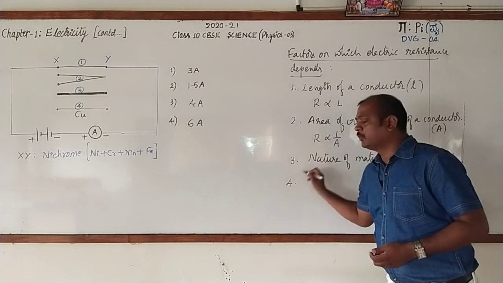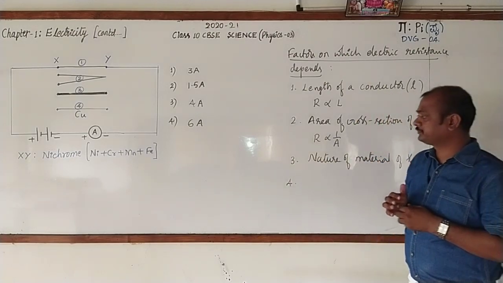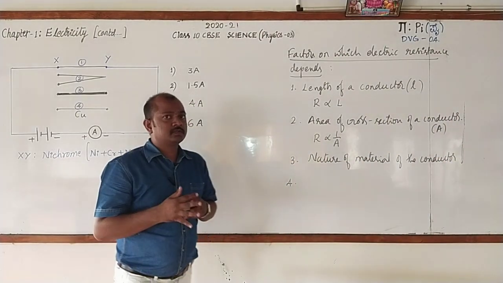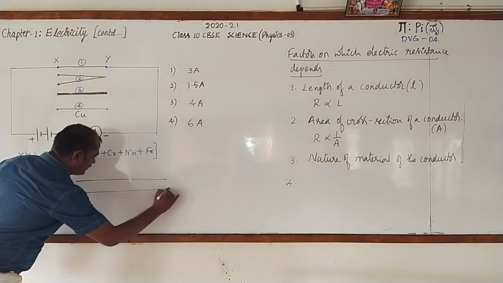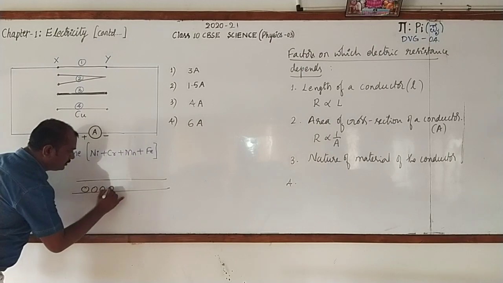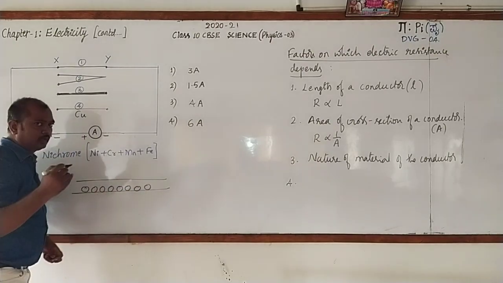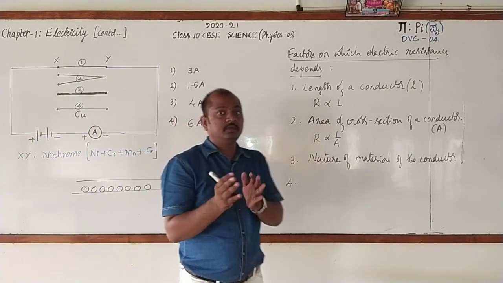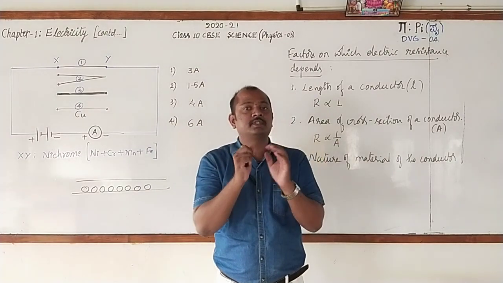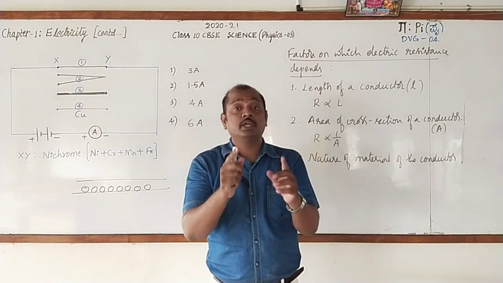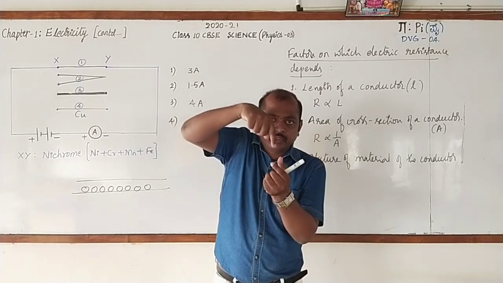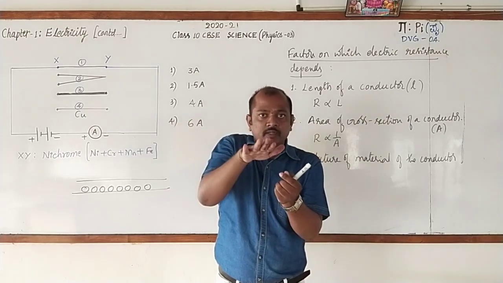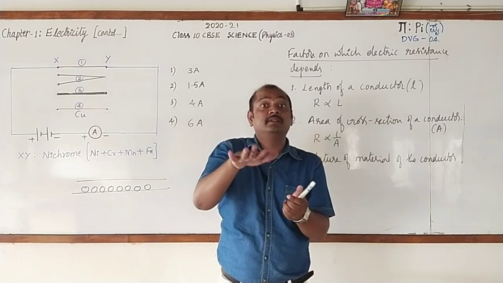Now, one more important point. Suppose a conductor is there, in that many atoms will be there. We all know that atoms won't move, but they possess a motion called chaotic motion. That means these atoms will be rotating in their position or vibrating like this.